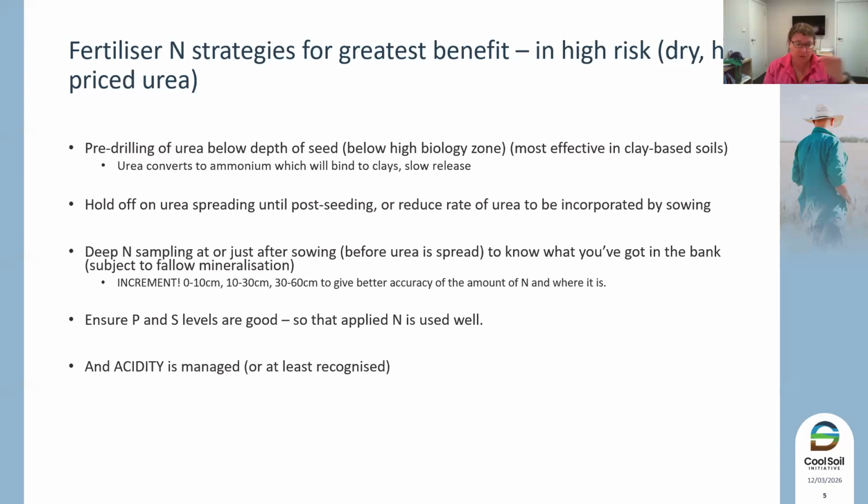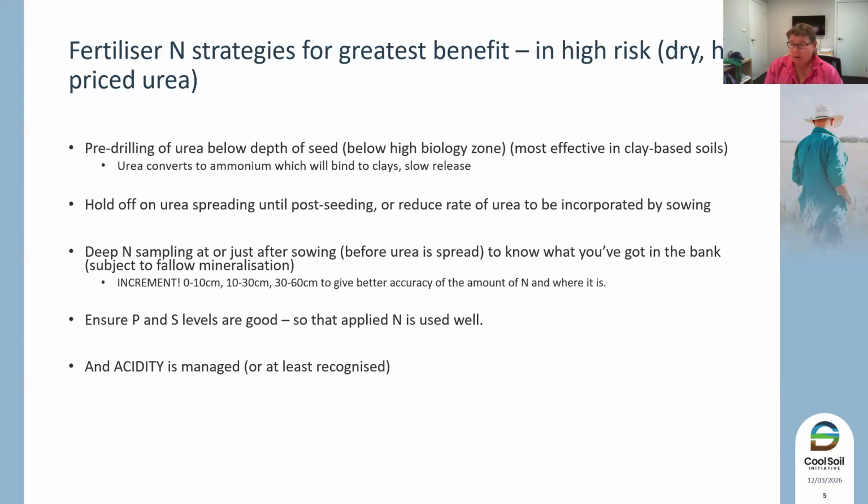If you've got high mineral N loads already, are you getting towards the top end of your diminishing returns curve with your nitrogen response, or is every kilo that you apply going to have maximum benefit because you've got less in the system to start with?